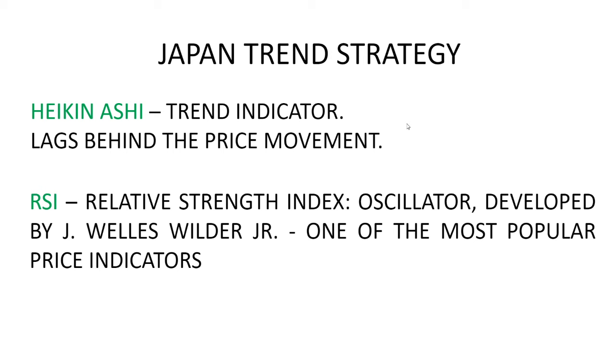What is the basis of the Japanese trend strategy? We use the Heikin Ashi, which is a trend indicator. It does lag a little behind the price movement. Heikin Ashi changes the way your chart is displayed.